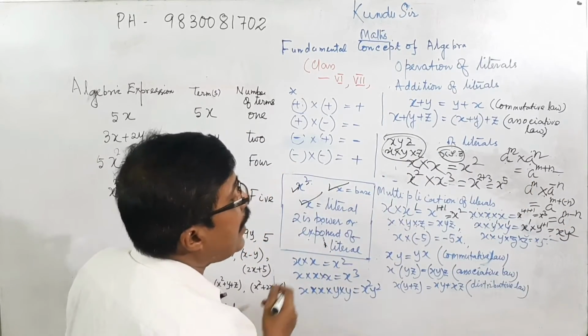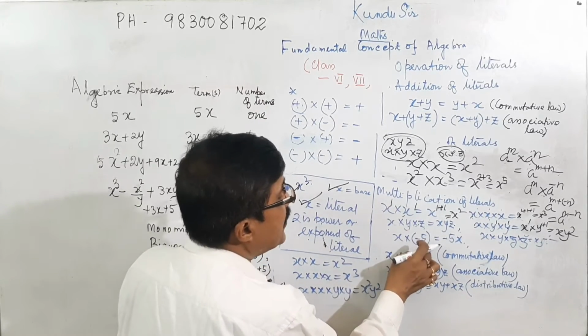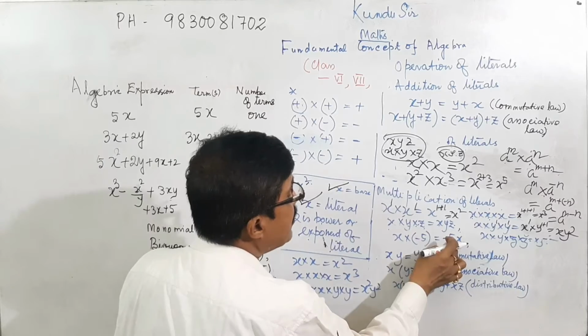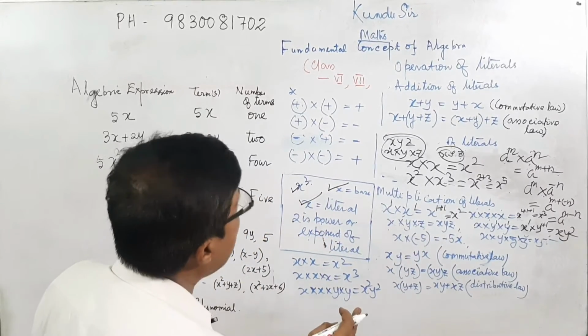Now we are doing another term, x into minus 5 equal to minus 5x, because I am explaining another rule regarding plus and minus.